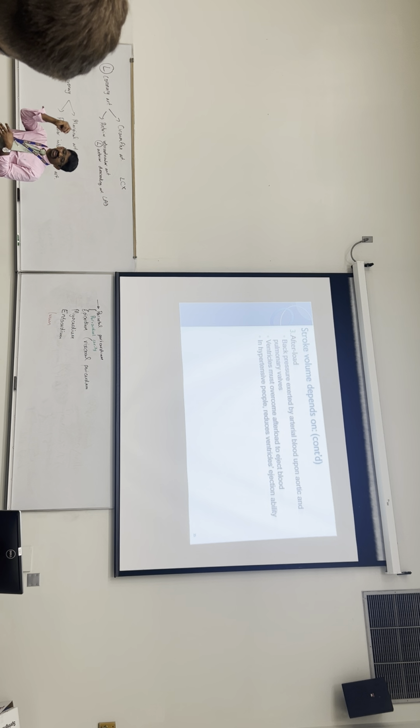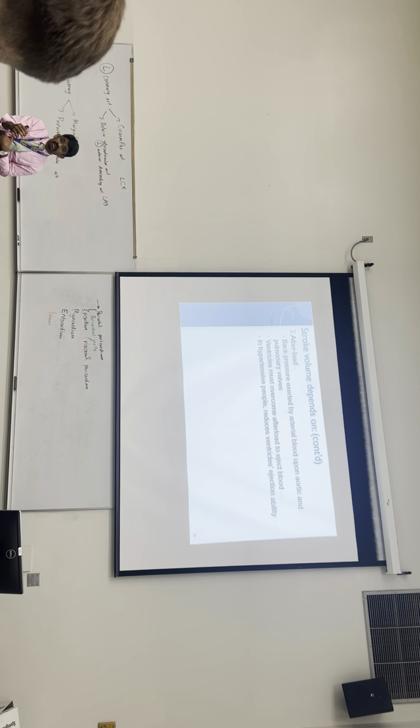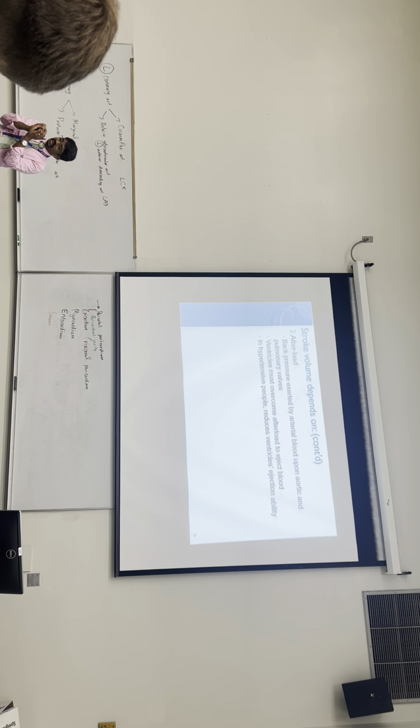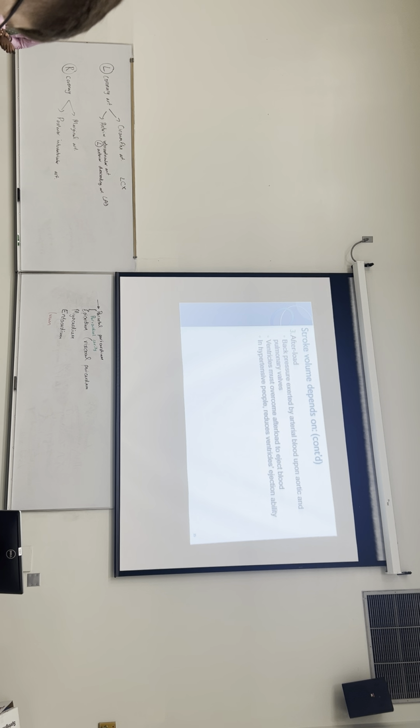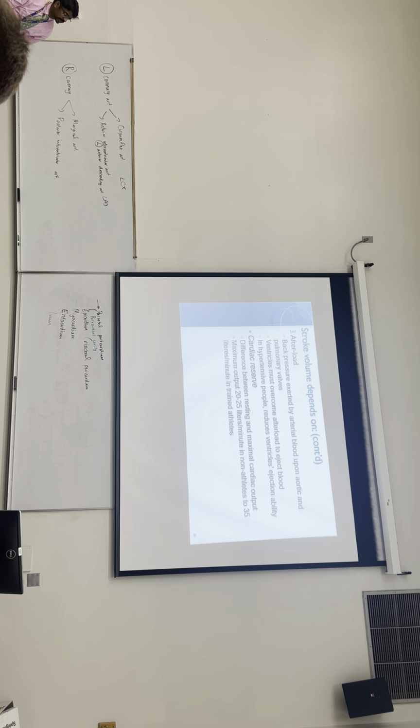So it's a higher pressure. If I had 160 over 100, I'd have to get to 100 even before blood leaves my heart. Okay, so the pressure also affects it. So these valve issues can cause problems with affecting blood flow.